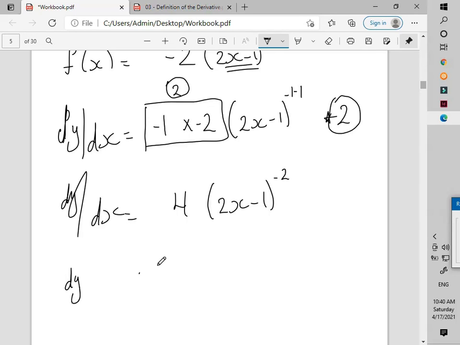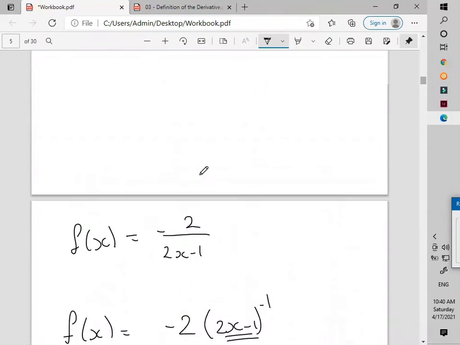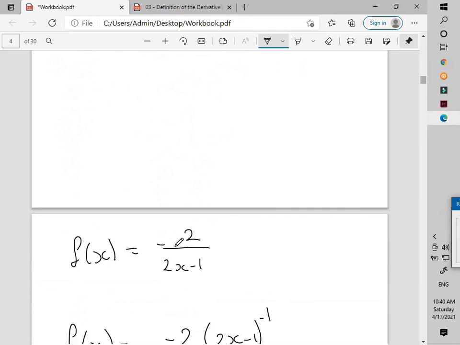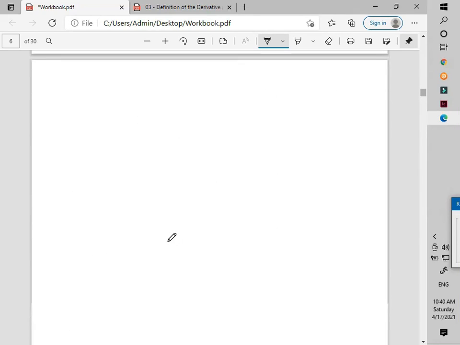So dy upon dx is equal to 4 over 2x minus 1 brackets squared. Again, some persons want to expand it out, but I leave it there.